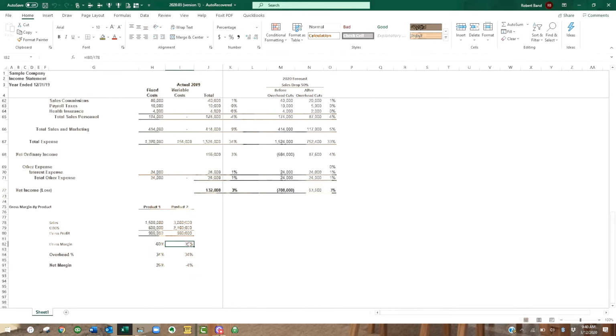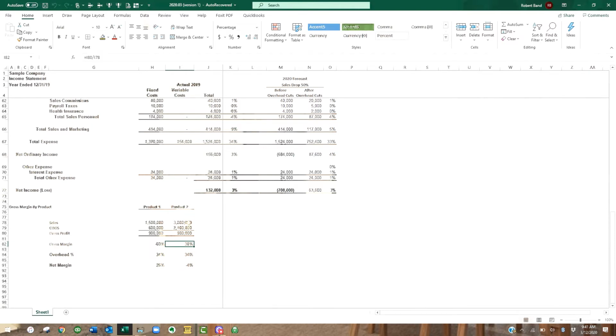So in product 2, they're not making enough to cover their overhead and add profit. So the first area, when sales are dropping, would be to look at the product mix by margin and whether or not it's worth it to maintain the effort to produce the sales of product 2, which is a low margin product.